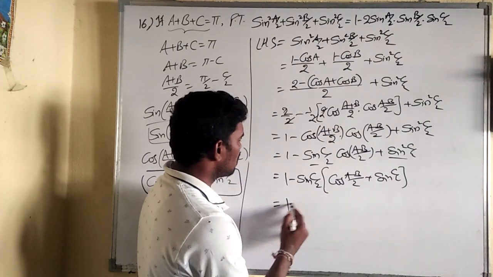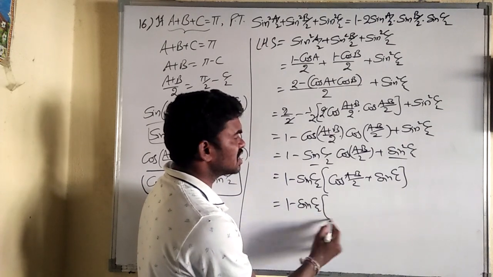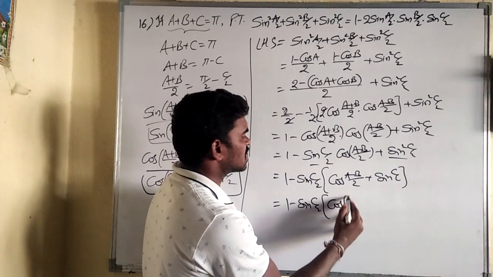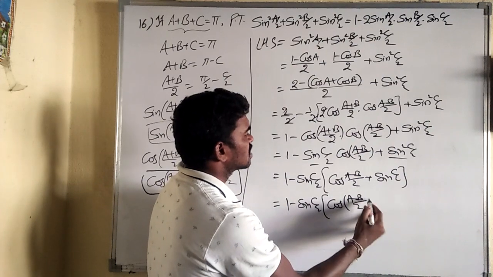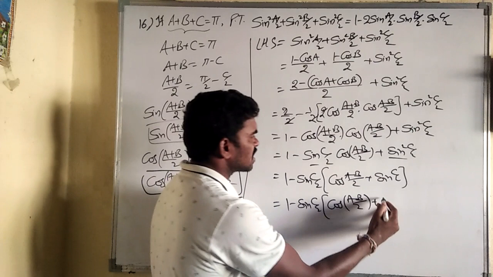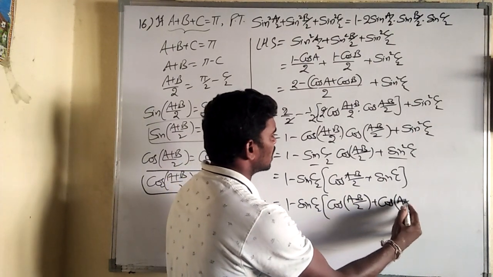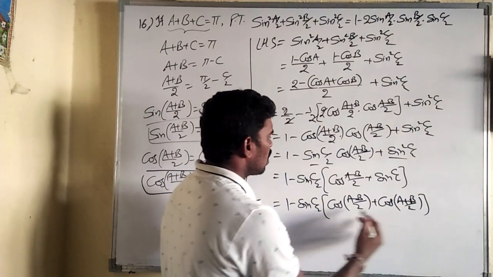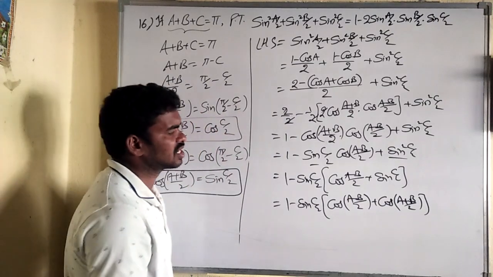So 1 minus sine c/2 as it is, cos (a minus b)/2 as it is, next plus sine c/2. Sine c/2 means what? Instead of sine c/2 we can write cos (a plus b)/2. So now cos c plus cos d means 2 cos cos, of course.